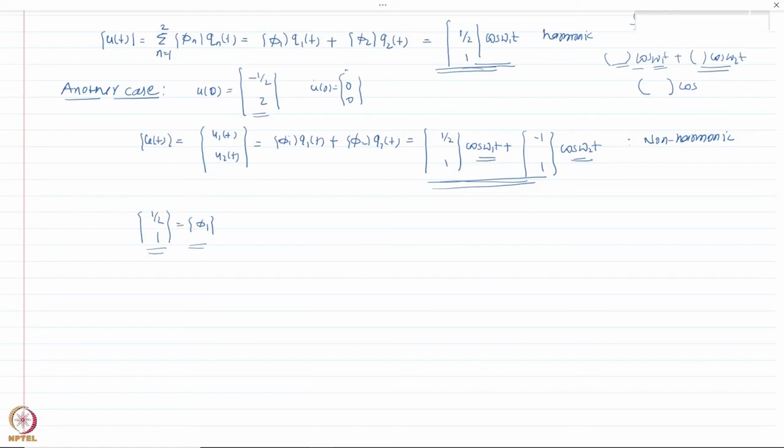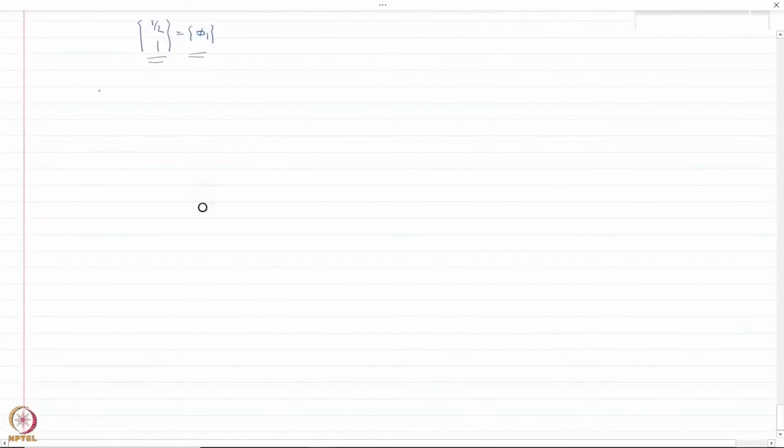Now let us get into damped free vibration. We have discussed undamped free vibration. Now let us discuss damped free vibration.